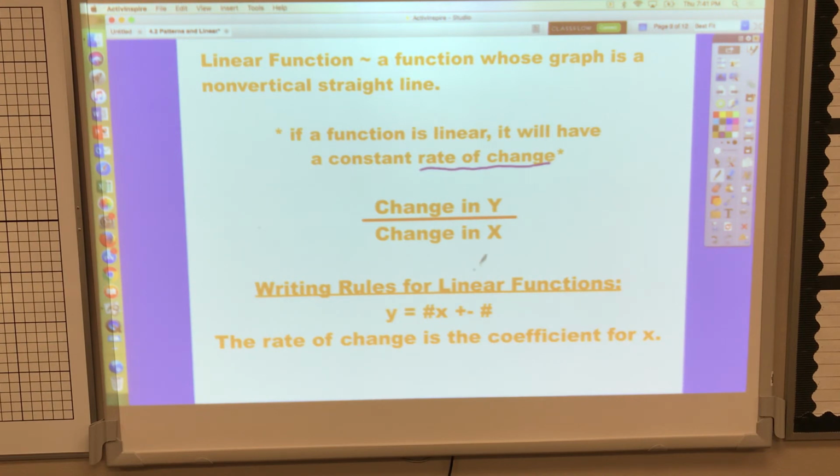So these next ones should make more sense to you because you'll know where that coefficient in that equation comes from. And if it's linear, you should always be able to write an equation that looks like this: your output is equal to a number times x plus or minus a number. And this number, this plus or minus here, could be 0.